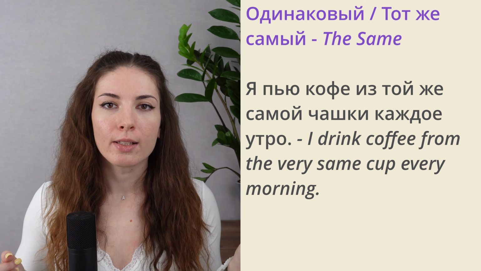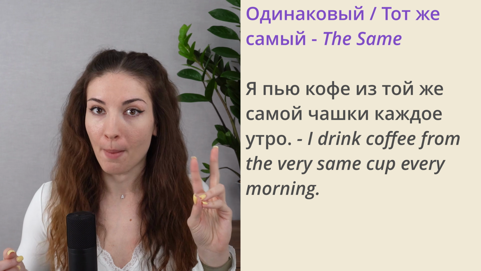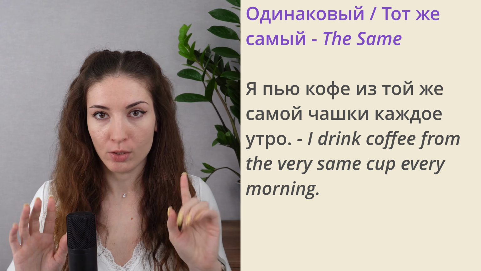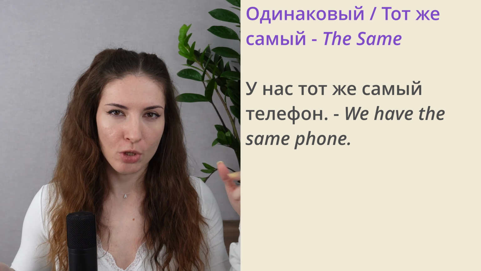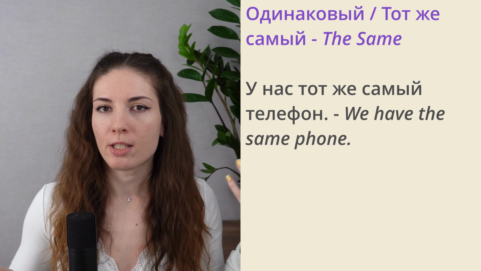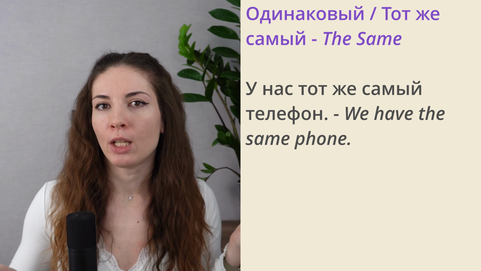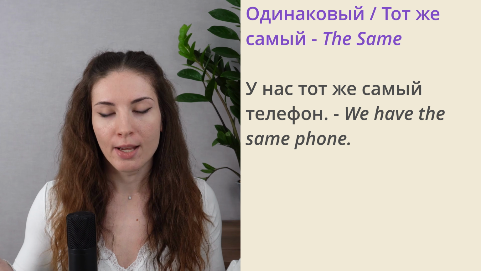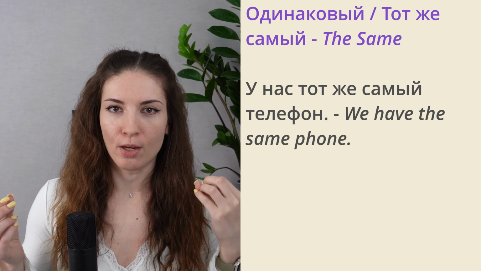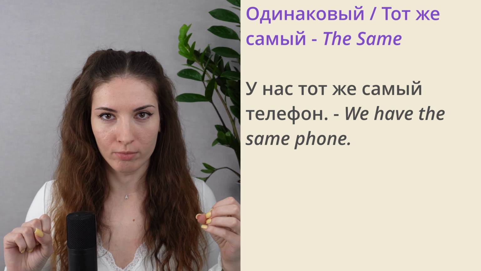Comparing to the previous sentence where they have the same, the identical cups, but two different ones, not one. For instance, you want to say we have the same mobile phone, meaning that you have the same model. But instead of saying у нас одинаковые телефоны, you end up saying у нас тот же самый телефон. It makes no sense because у нас тот же самый телефон has an idea that you're sharing one phone. So be careful here. And that's it.